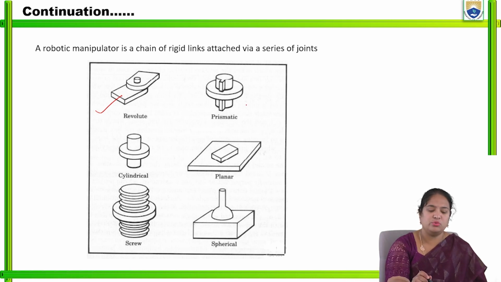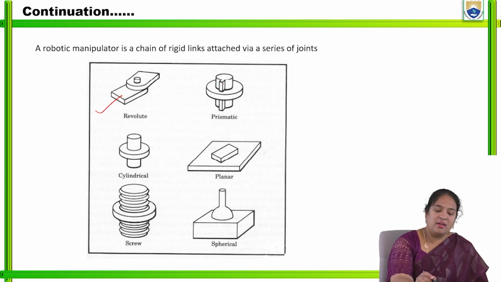Whereas when you come to a prismatic joint, what is happening here? To this particular cylinder, we have a ring being placed. So here it can rotate. This particular ring can have a rotational motion as well as vertical motion.